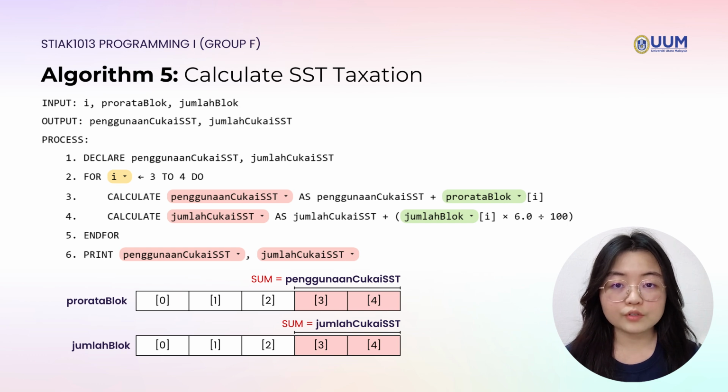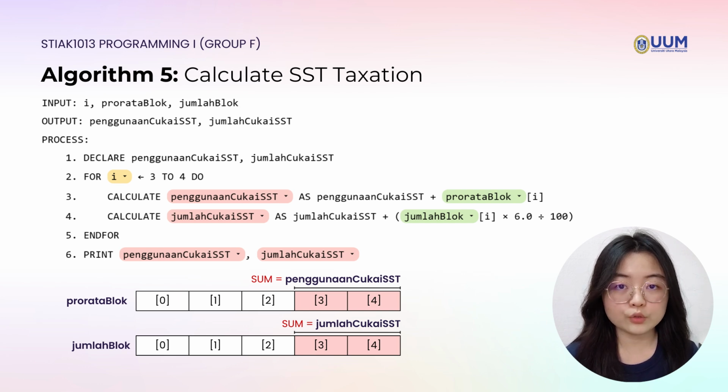I is used for the iteration process. SST is applied to kadar penggunaan above 600 kilowatt per hour, which starts from block tariff 3. Therefore, the initial statement is I equals 3. Berata block is used in the formula to calculate penggunaan cukai SST.